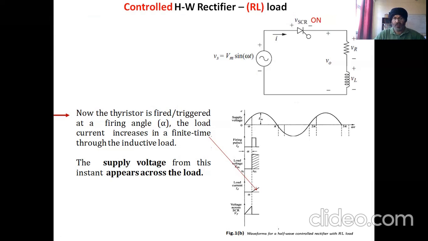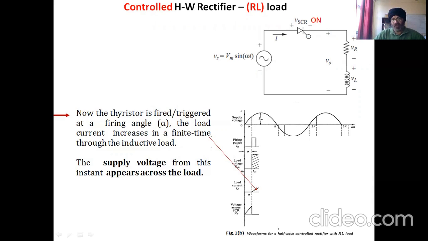And we know that from the characteristics of the thyristor, if now the gate pulse is removed, still the thyristor will continue to conduct. Okay, so the gate pulse is applied at the gate at angle alpha. So we know now the second condition is also fulfilled.